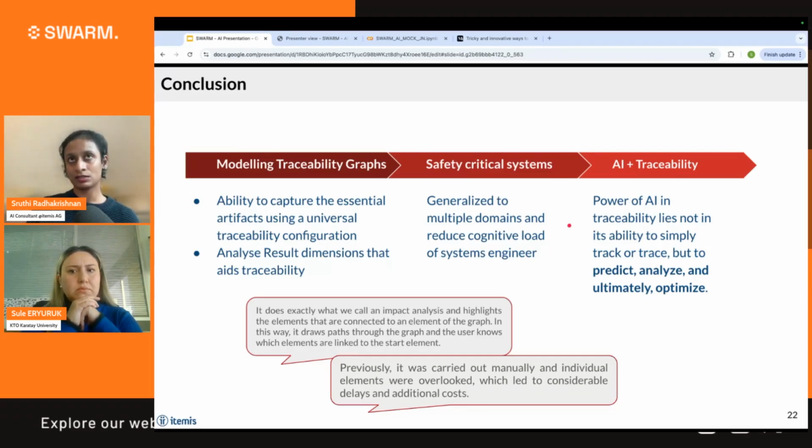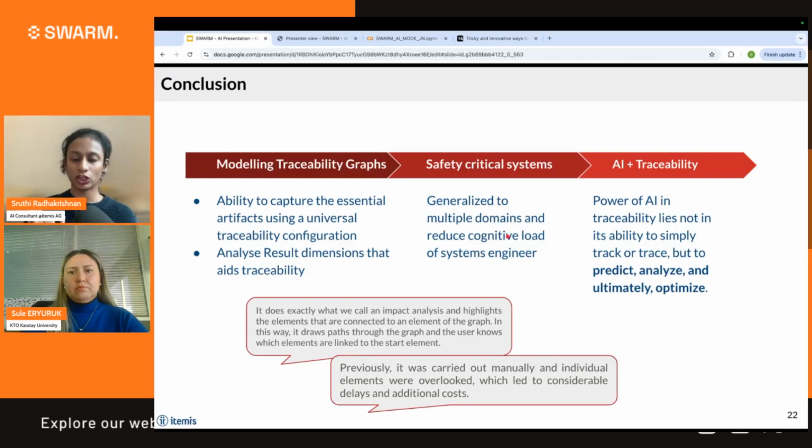On the other hand, a systems engineer is very much interested to know which requirements are mapped to which functional elements, or which logical elements are related to which functional elements. So it helps you to analyze the result dimensions using graph databases and AI to bridge the gap, reducing the cognitive load of the systems engineer.